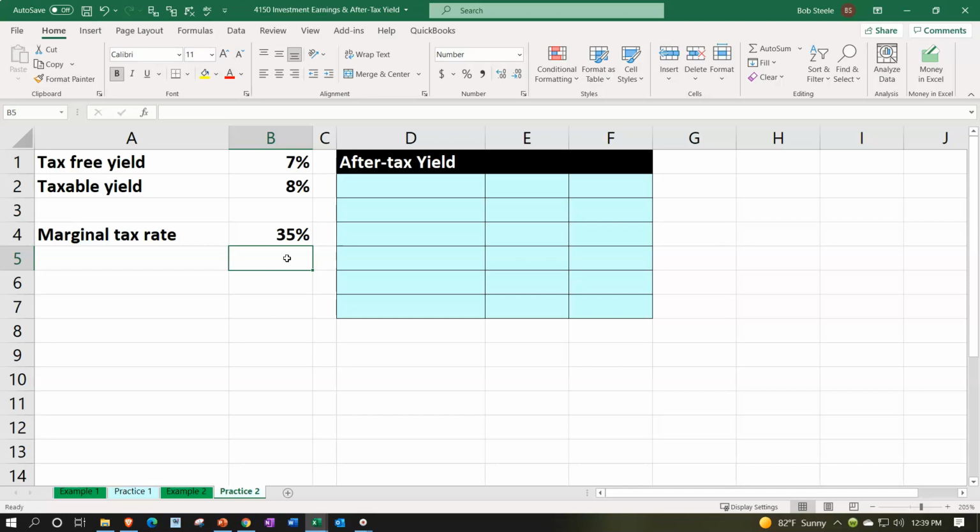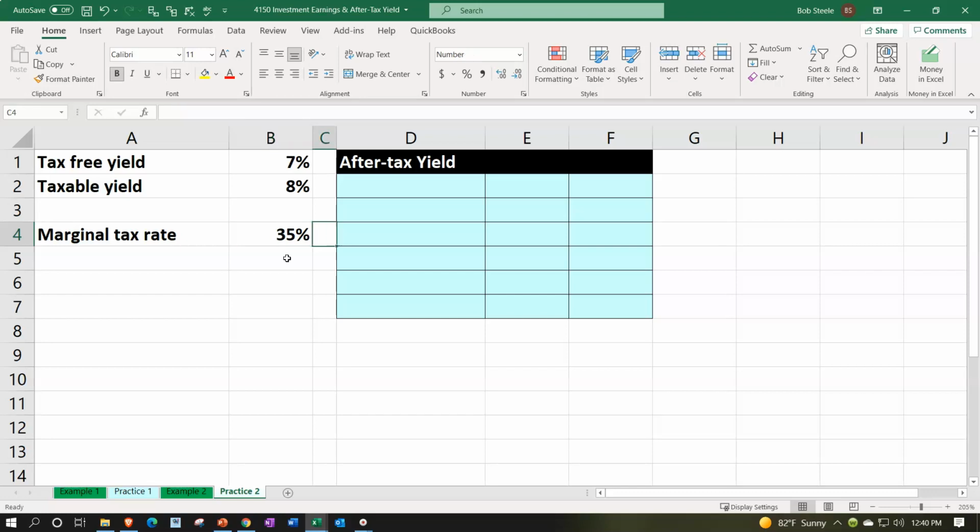So the highest tax bracket, just for practice problems' sake, is 35%. Multiple tax brackets could be involved, of course, but we're just going to say 35%.